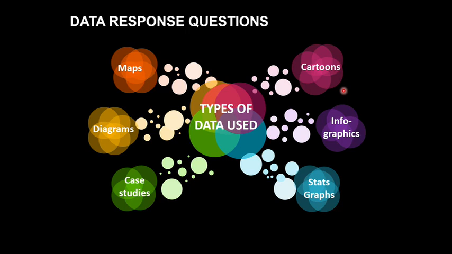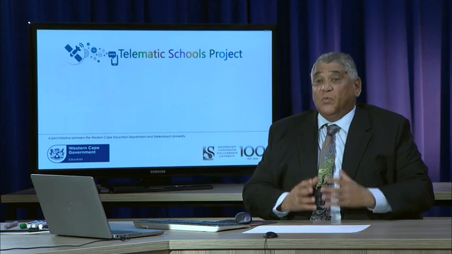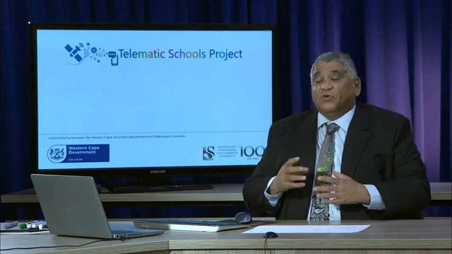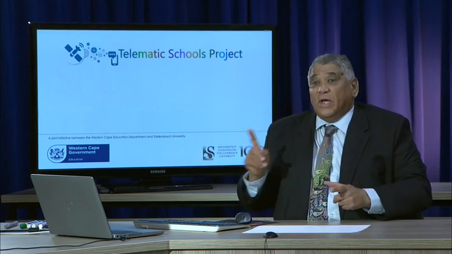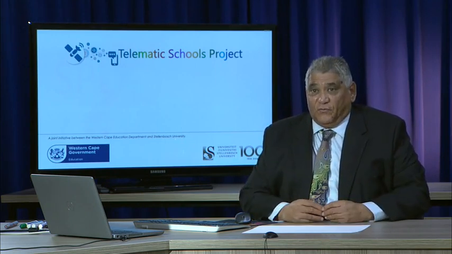Now, during the course of this afternoon, we are going to have a look at one or two of these as an example. And as I've promised you, with every one of these revision activities, we will definitely have a look at what you must do when you are confronted with each of these different types of data.